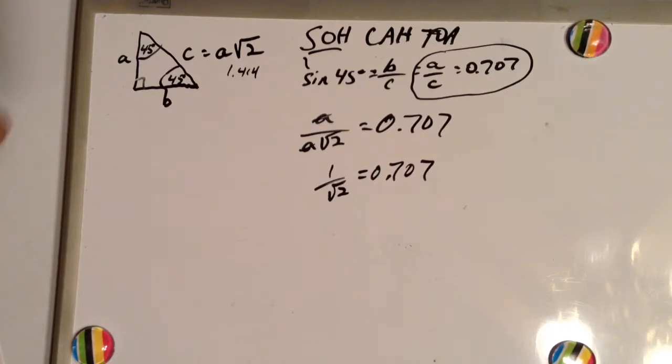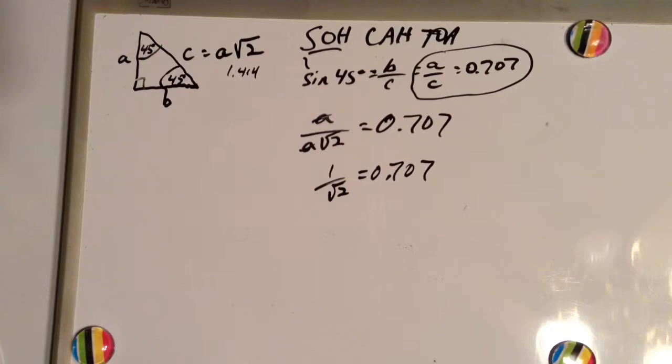Okay, this shows us that the information we obtain using Pythagoras' theorem is harmonious with the information we obtain using the sine function on a calculator. Sine of 45 degrees equals 0.707.